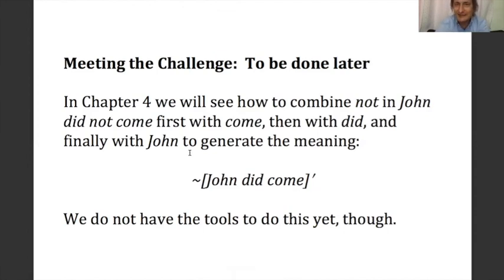And this is a challenge that can be met, but it's going to take us another few weeks to be able to meet it. So I'm going to put this off. We're going to do this later.